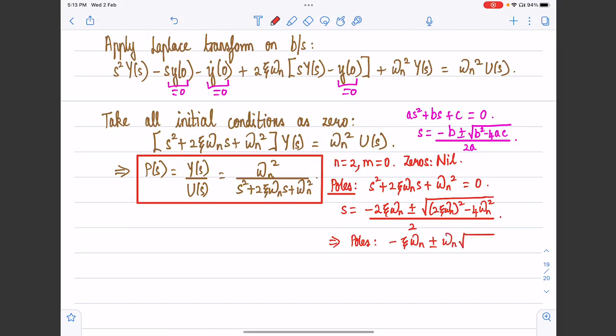I will get omega n times the square root of zeta squared minus 1. Okay, so these will be the 2 poles of this particular transfer function. I hope it's clear how we obtain the poles of this transfer function of the second order system. All right, so that's what we can use.